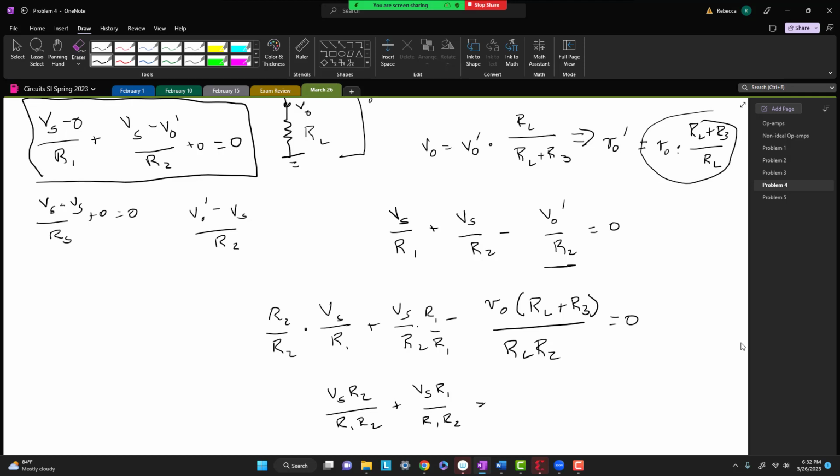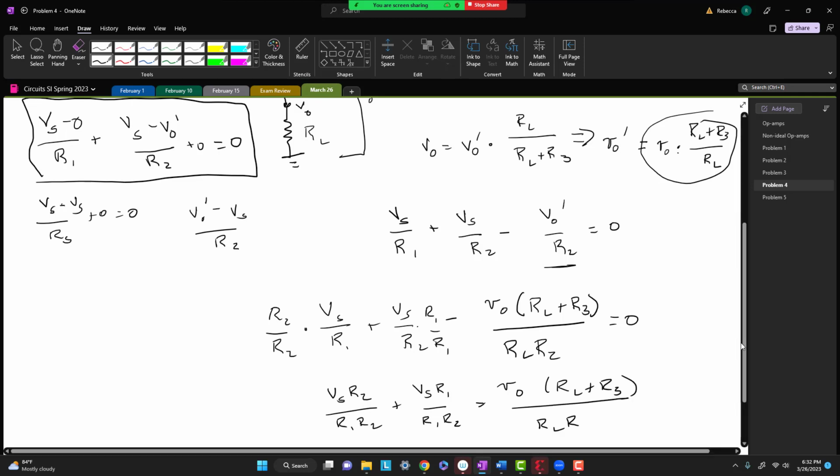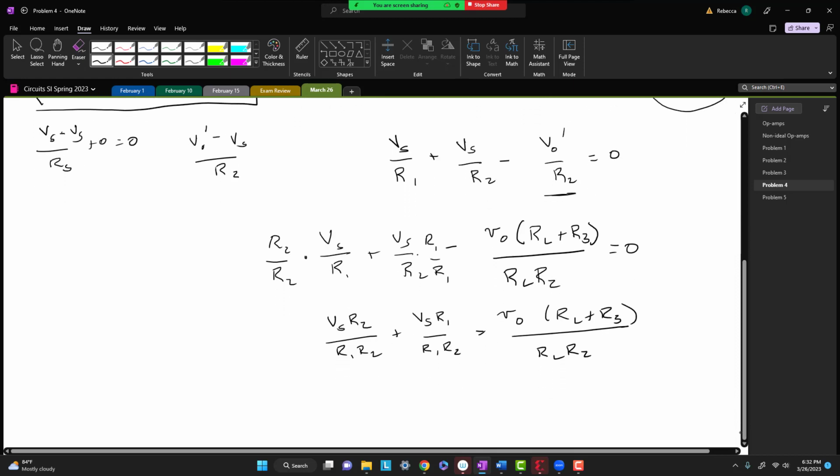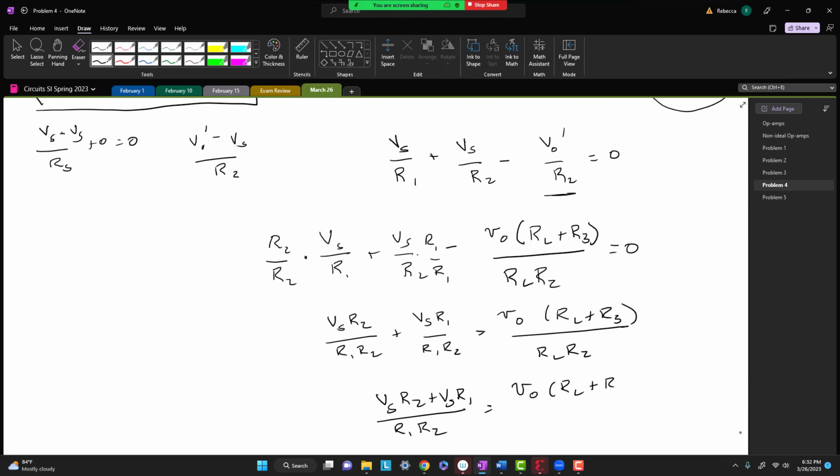And I'll take this to the other side, VO RL plus R3 over RL R2. Okay, so I combine these two, VS R2 plus VS R1 over R1 R2 equals V out times RL plus R3 over RL R2.